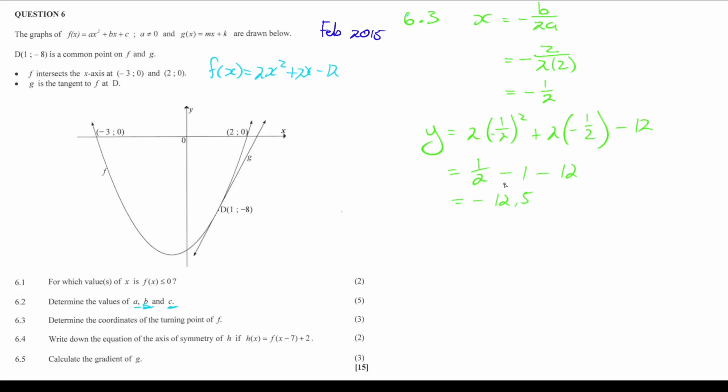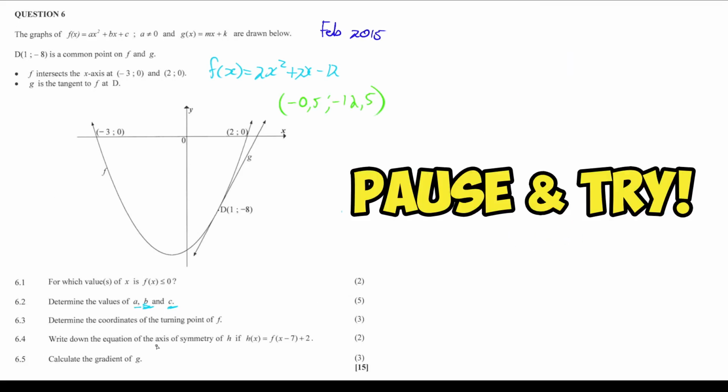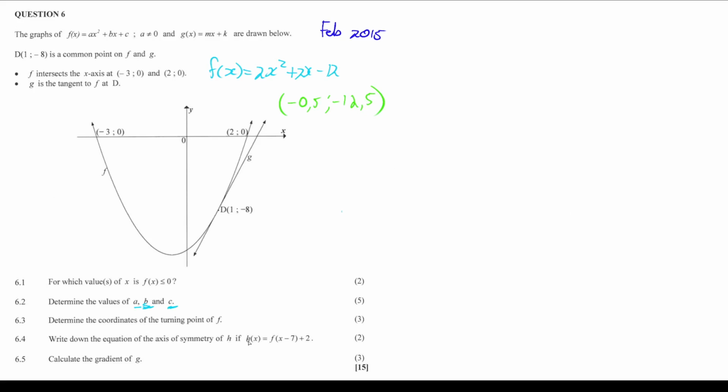Is that right? That is correct. All right, so the coordinates of the turning point, let's give it to them: (-1/2; -12.5). Boom.